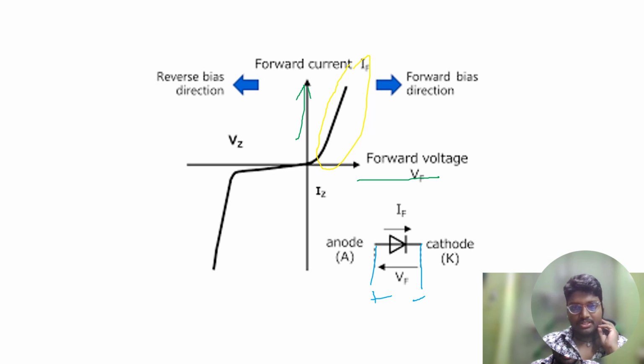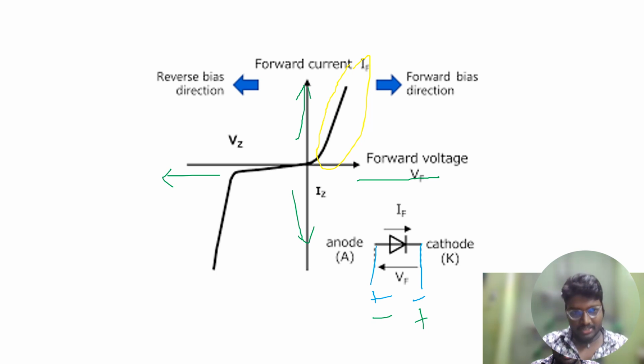Similarly for the negative connection, that means if you connect P with minus and N with plus, then you get the reverse bias graph here. There is a difference between the forward current and the reverse current.